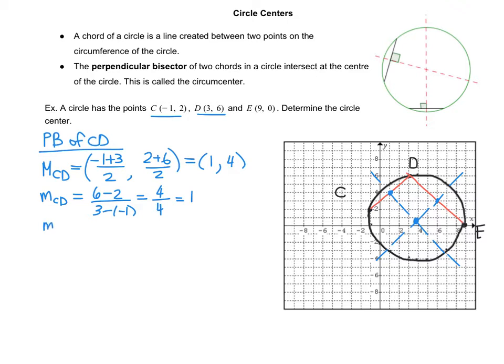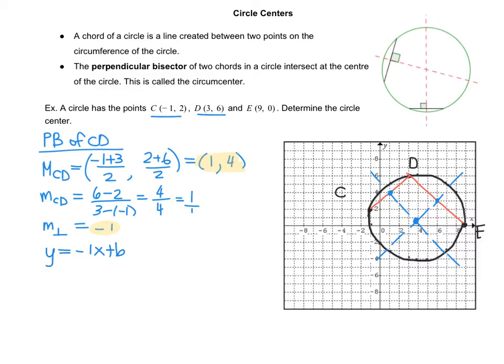And now if I want my perpendicular slope, don't forget your good notation here, the negative reciprocal of 1, which is 1 over 1, will be negative 1 over 1. So just negative 1. So now I can find the equation of this line using my slope and my midpoint. So let's go ahead and do that. So we have y equals negative 1x plus b.